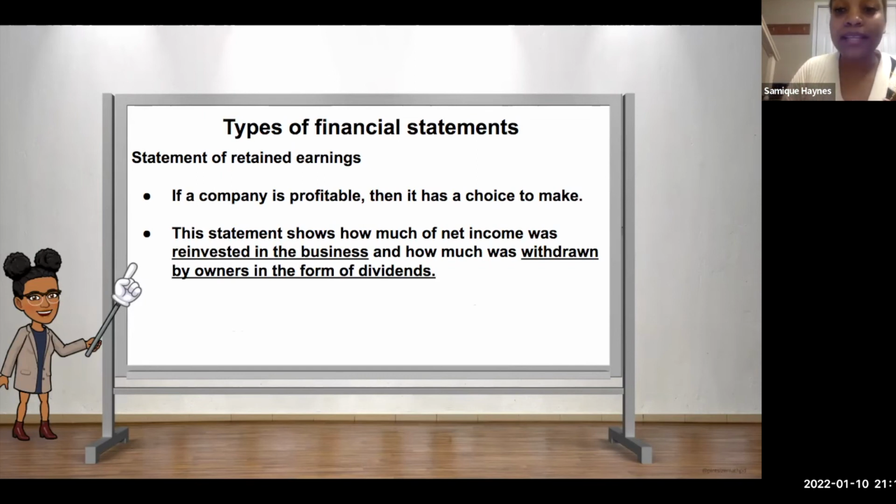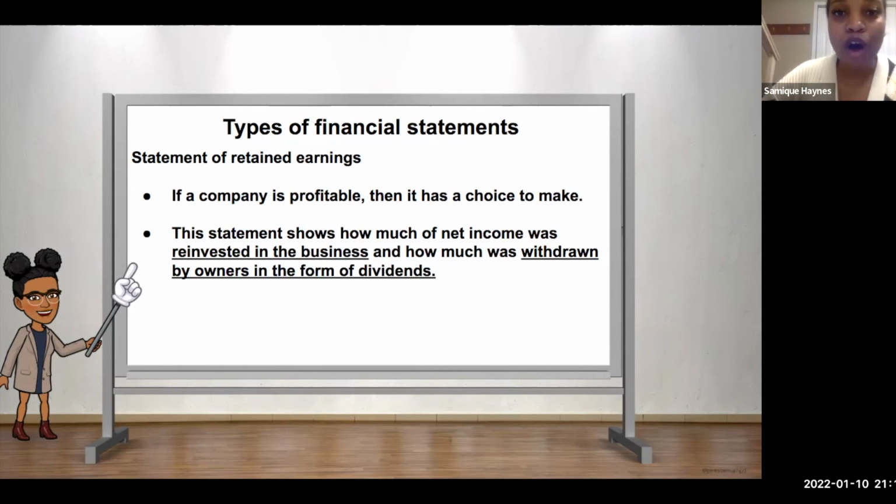Or we can decide, should we pay out some of our profits to our shareholders or to the owners, okay? Should the owners withdraw some money in forms of drawings, or should we pay out dividends to our shareholders? So that's what the retained earnings statement shows us.